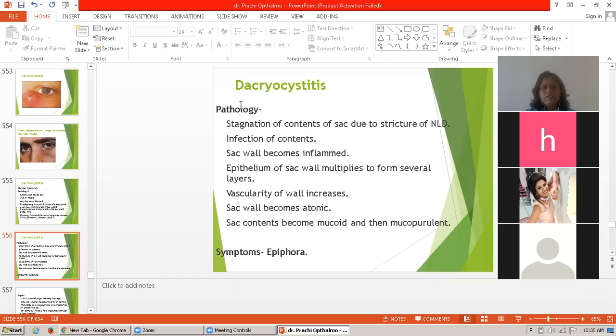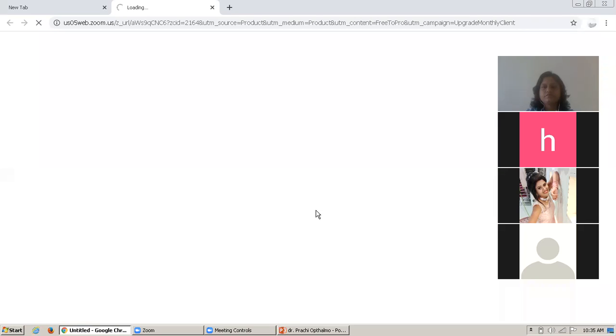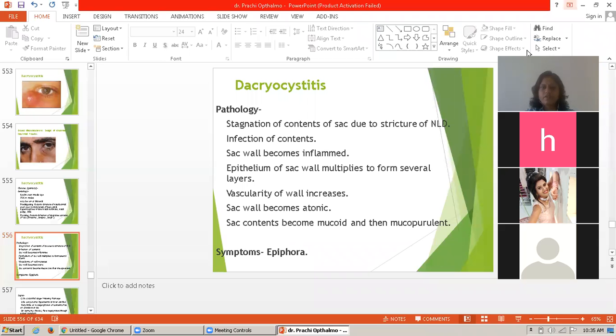Dacryocystitis pathology: in that we can see there is stagnation of the content of the sac due to the stricture of the nasolacrimal duct.